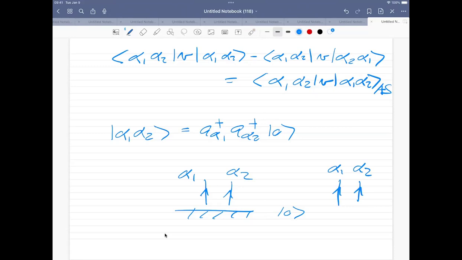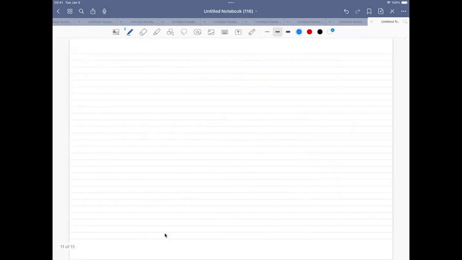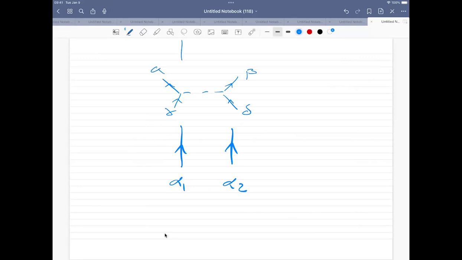So when you are going to do the contractions, when we look at this diagrammatically, let me just rewrite it like this. We have the state alpha 1, alpha 2 here, and then we have the interaction, where we have a gamma delta, and then we have the alpha beta, and then we have the final state here, which is also an alpha 1 and alpha 2.